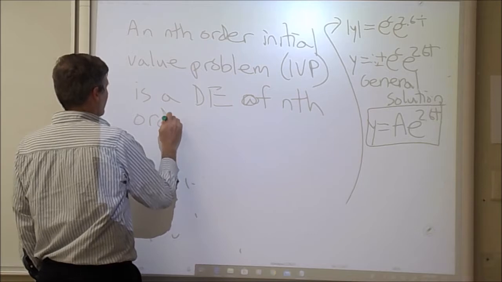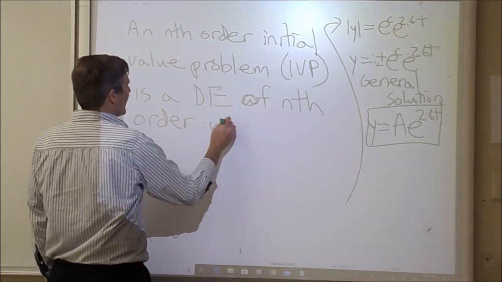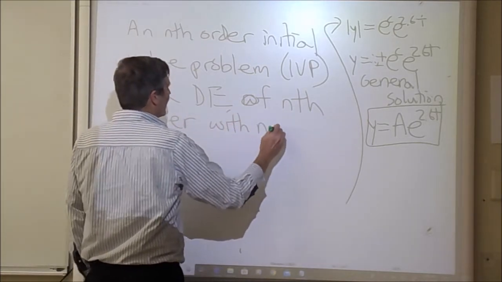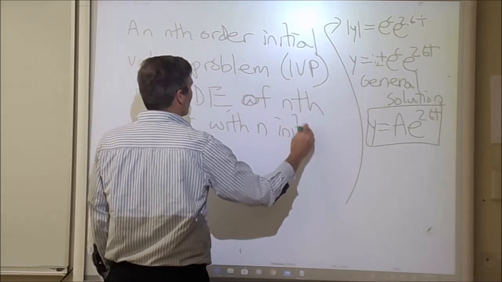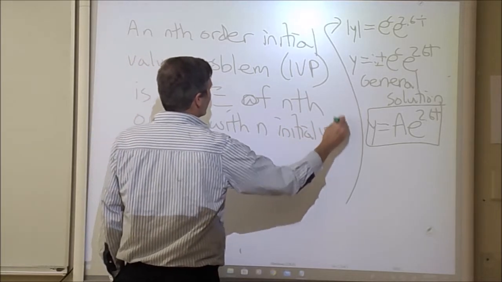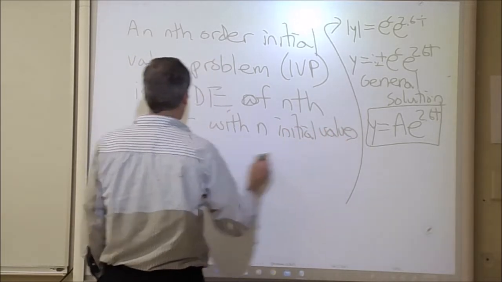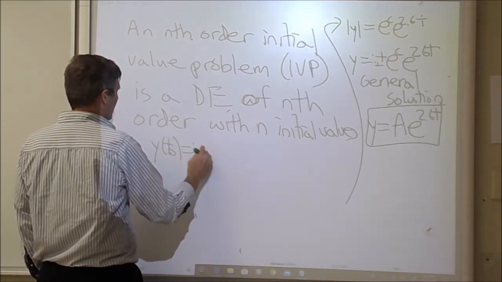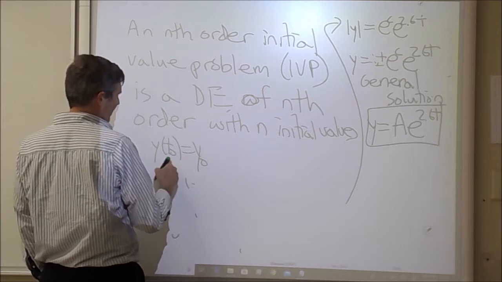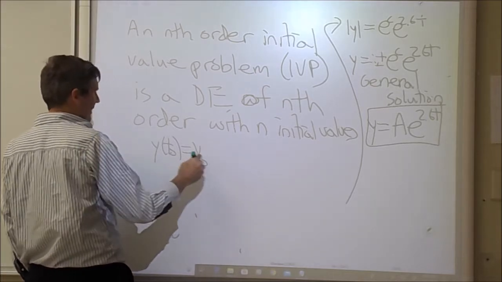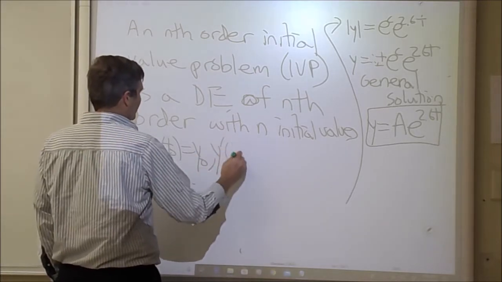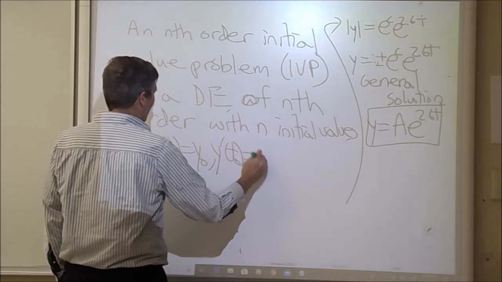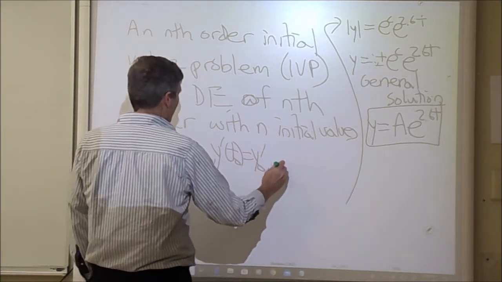We'll abbreviate that IVP. It is a differential equation of nth order, which means it has derivatives through n, with n initial values. Usually given at t equals 0, but they could be at some other value. So we'll say y at t0 is equal to some number we'll call y0. At some time you have this many infected or something. y prime of t0 is equal to y0 prime, and so on.